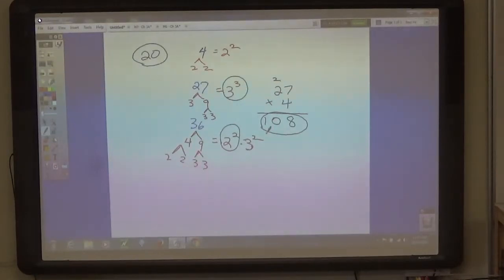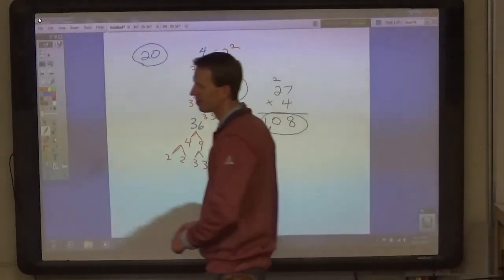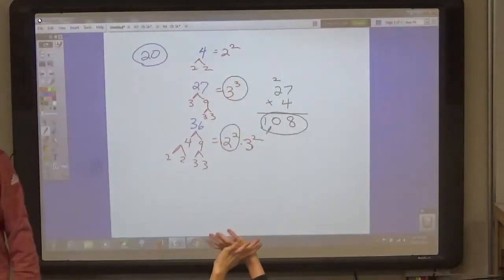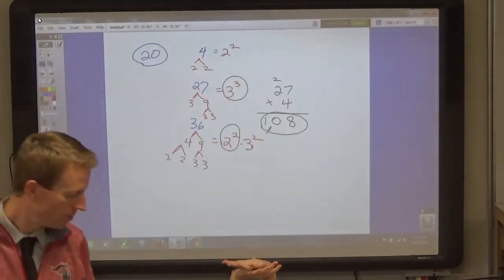And you can find this either way, by listing them or by factoring. Did you get 108?